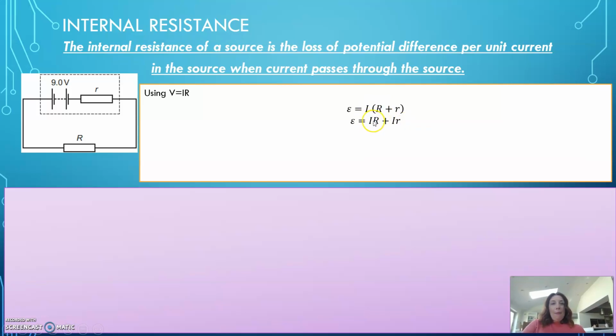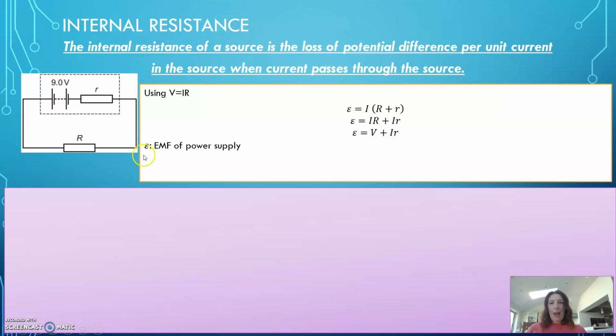This IR will be the potential difference, or the terminal potential difference, in the circuit. Sometimes you can just replace that with V. So what you have here is the EMF is equal to the terminal potential difference, the potential difference in the circuit, plus any voltage that's lost due to the internal resistance.